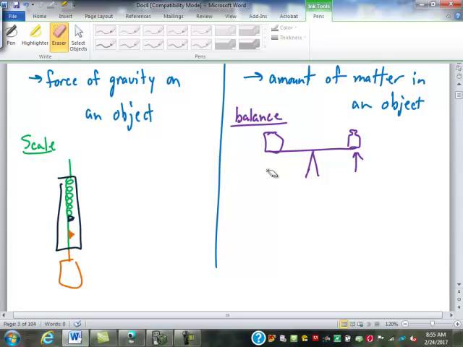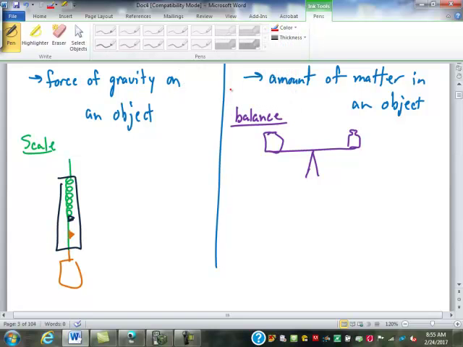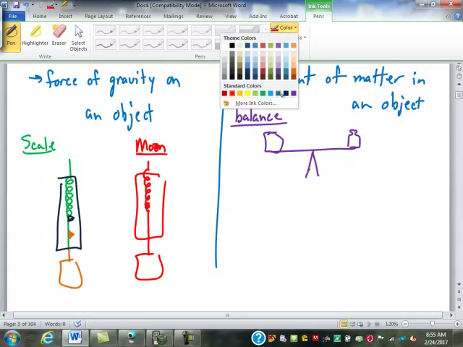Now you might be looking at that thinking, well, both of them are involving gravity. What's the difference? Well, the difference is if you go somewhere where the gravity is different, let's say you go to the moon. On the moon, since gravity is 1/6 the gravity it is on Earth, that spring is going to stretch less.